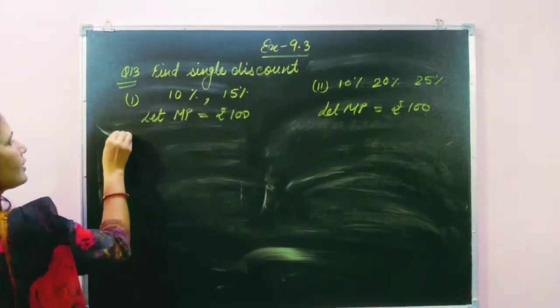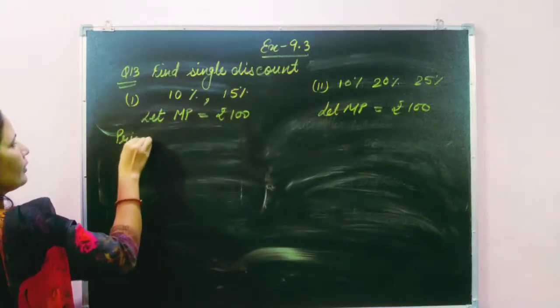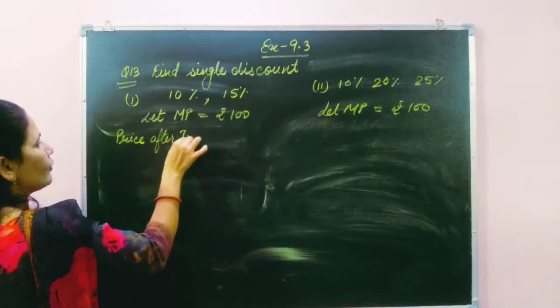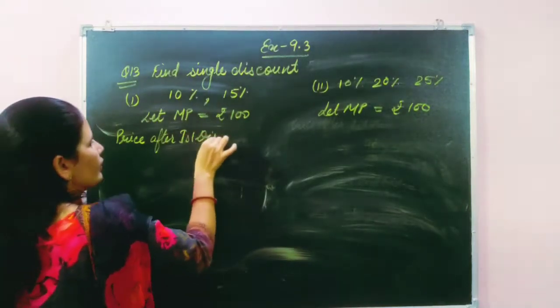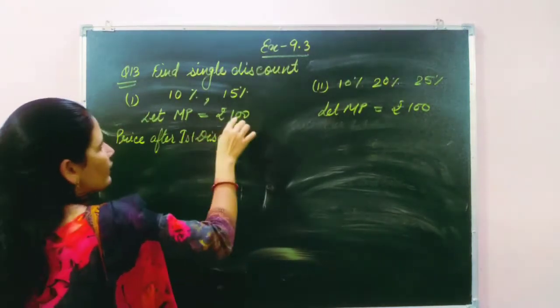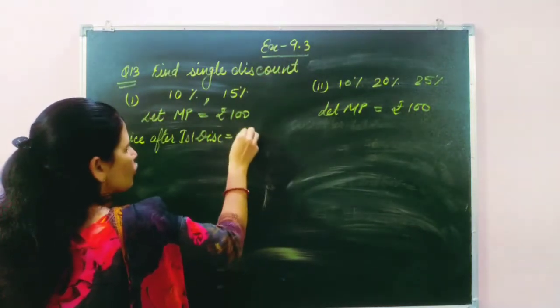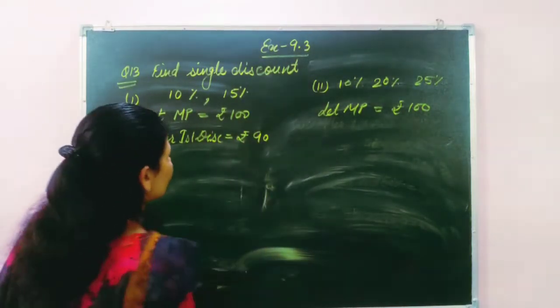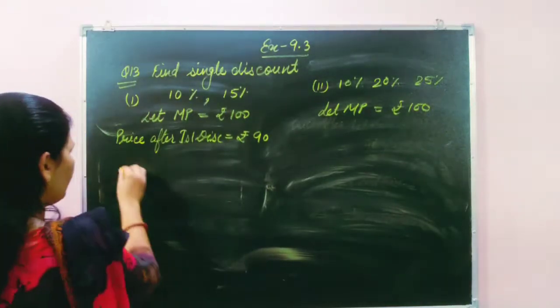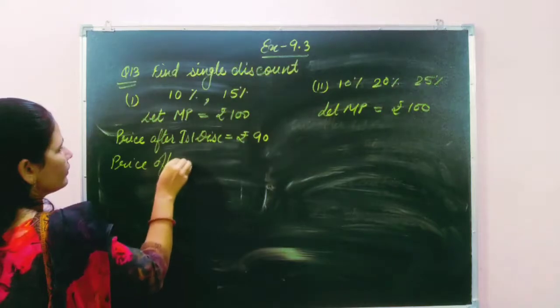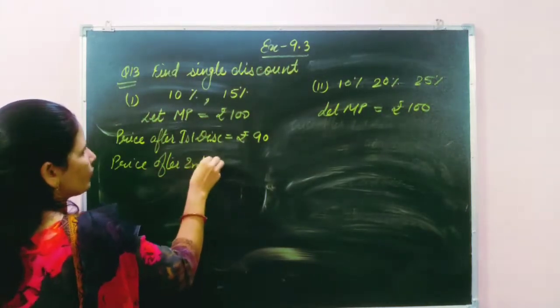Price after first discount. The first discount is 10% of 100, that means 90. So price after first discount is 90. Now then after, students, price after second discount.